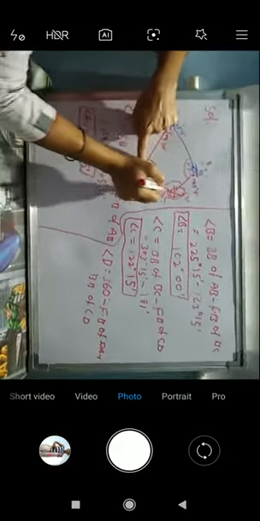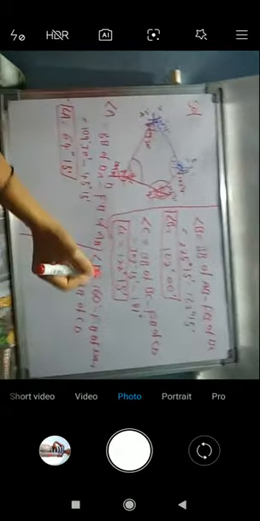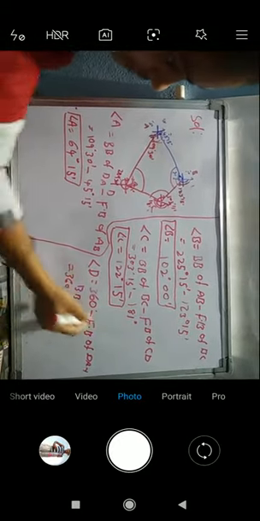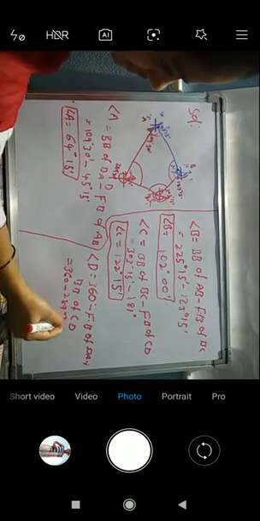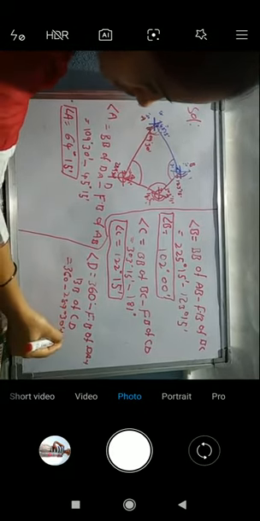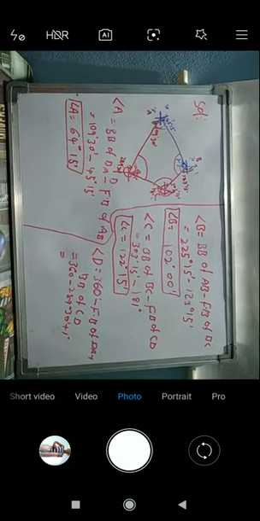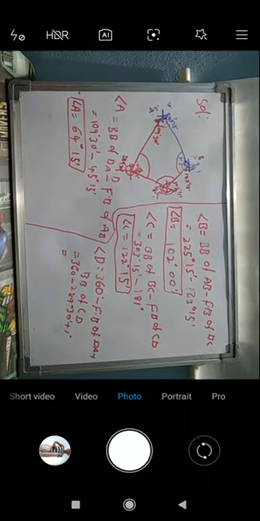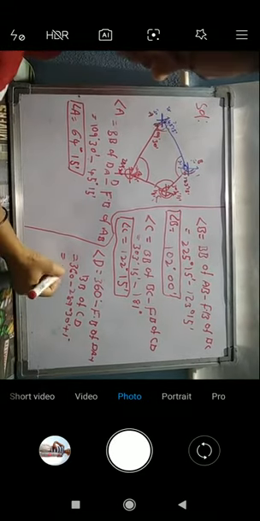To this, if we add the back bearing of CD, we can get the angle. 360 minus forebearing of DA, 289 degrees 30 minutes, plus 1 degree. You can subtract 289 from 360 and add 1 degree. This is 71 degrees 30 minutes.